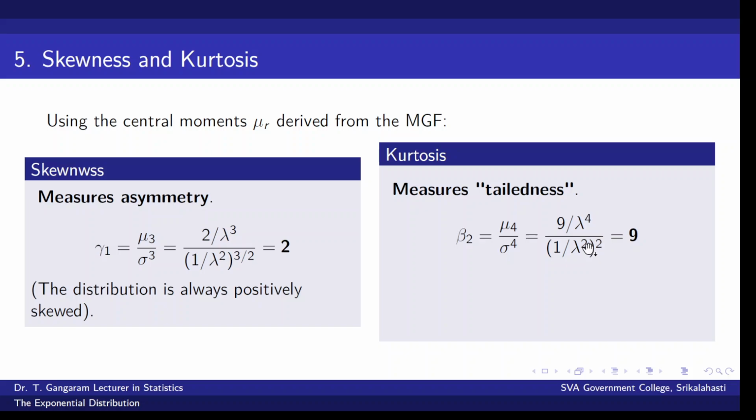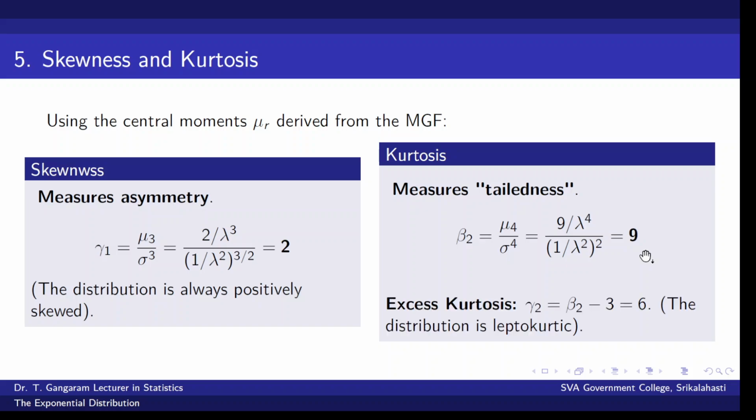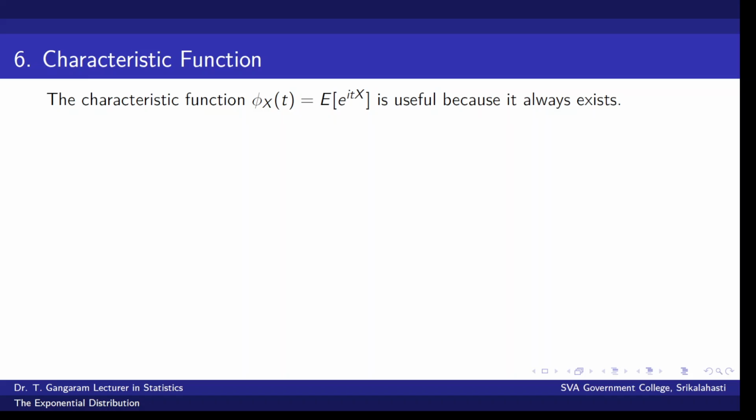This becomes lambda power 4. Lambda power 4 gets cancelled and the numerator 9 remains. It is greater than 3. Gamma 2 is greater than 3, that is 6. So exponential distribution is always leptokurtic and it is a positively skewed distribution.